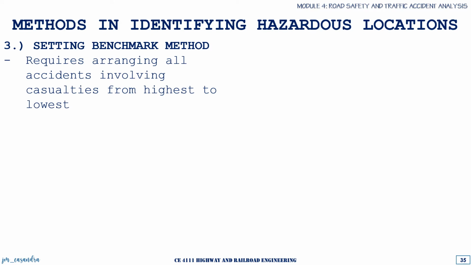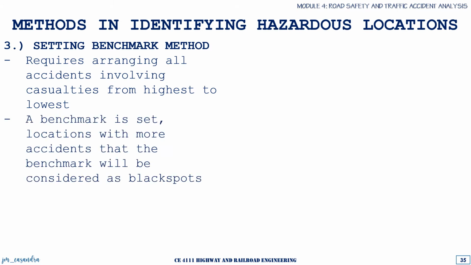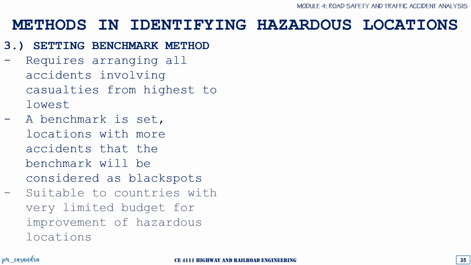So this is simpler and it's simply arranging all accidents with casualties from highest to lowest value. And from there, we set a benchmark in order to locate the black spots or hazardous locations within the benchmark that we have set.